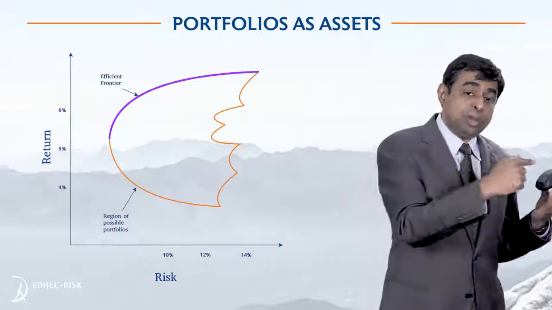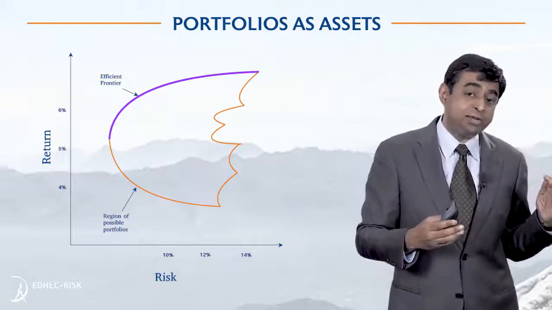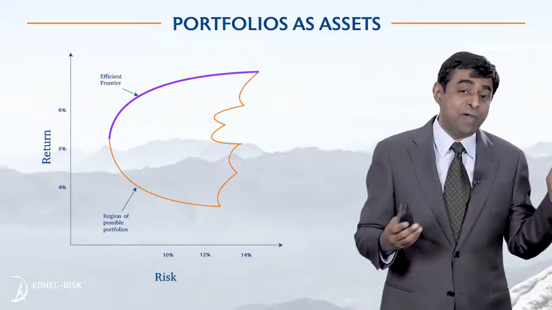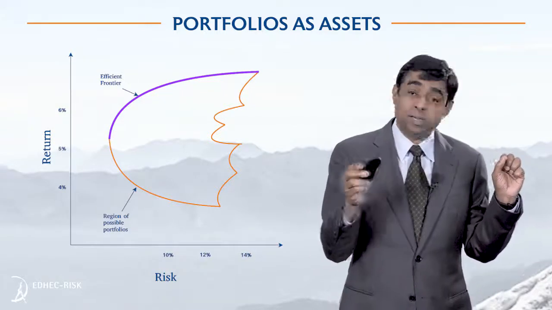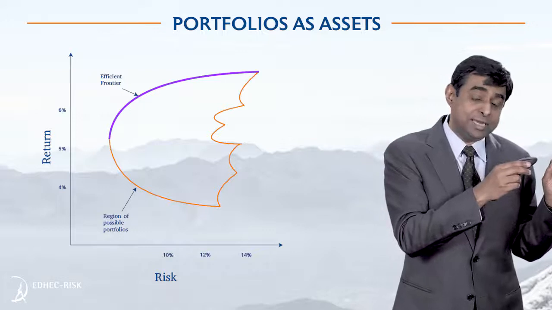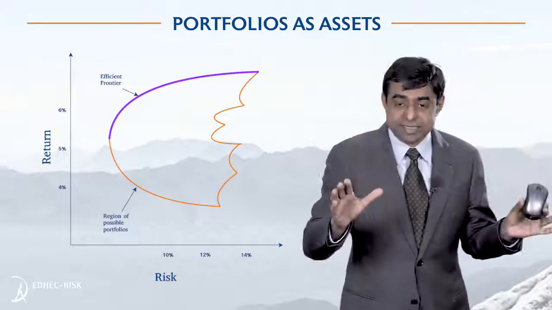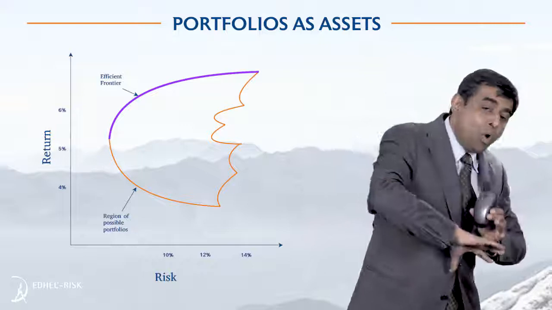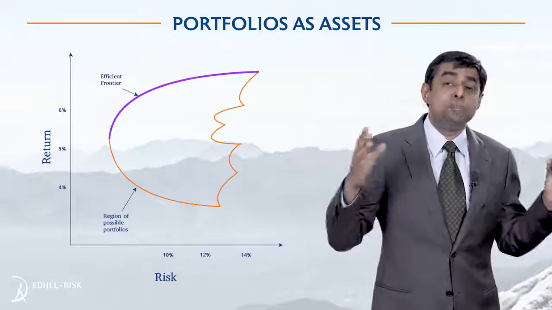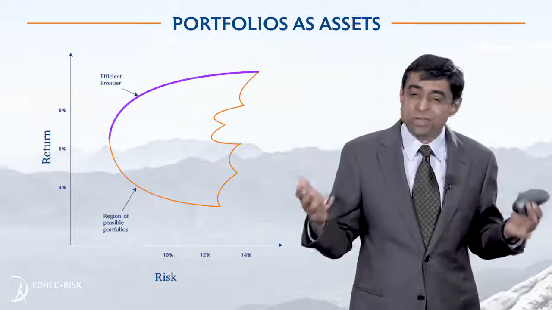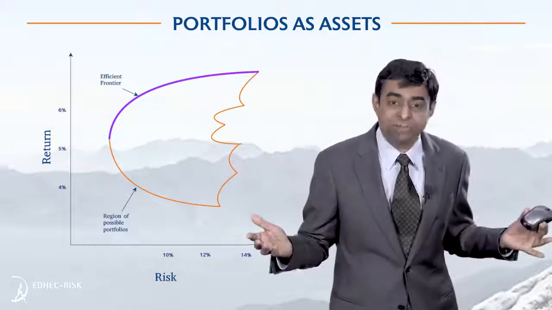And when you go to the extreme left, you're going to hit the edge of that region, and at that point you've found your portfolio that has the same level of return, but you cannot decrease the volatility anymore. What this is really saying is, out of that entire region of portfolios that you could possibly hold, you actually don't want to hold most of them.